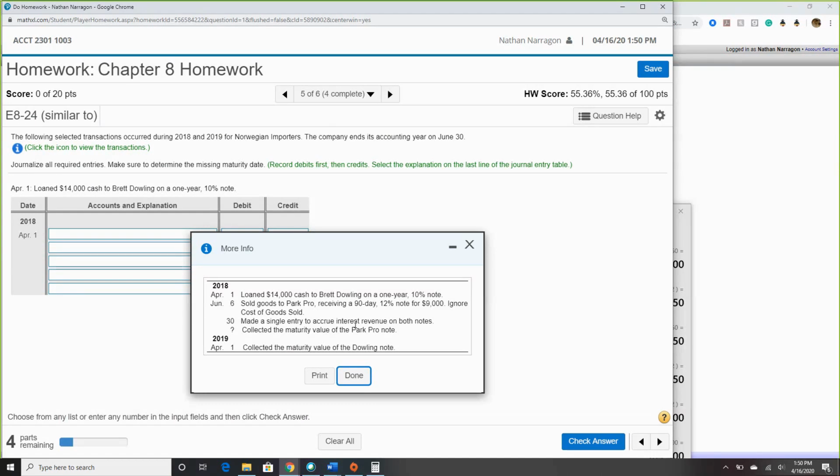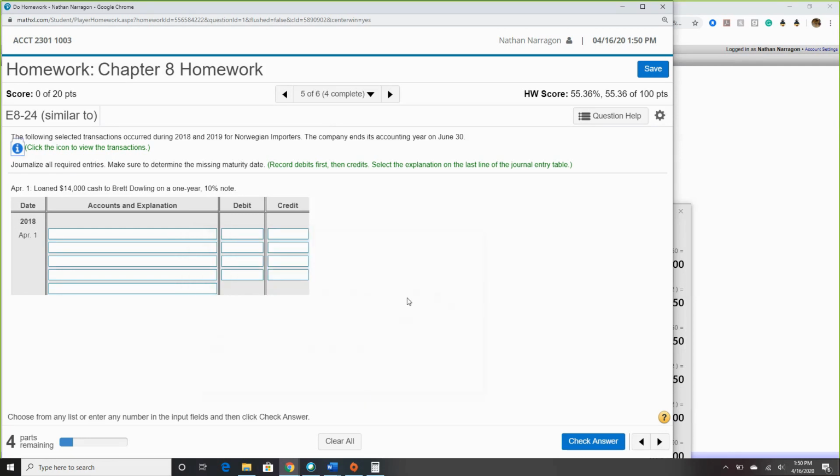Even more fun. Let's go ahead and go right back over those one more time. So this one right here, again, I'm on a loan of $14,000 cash to Brett Doling for a 1-year 10% note.